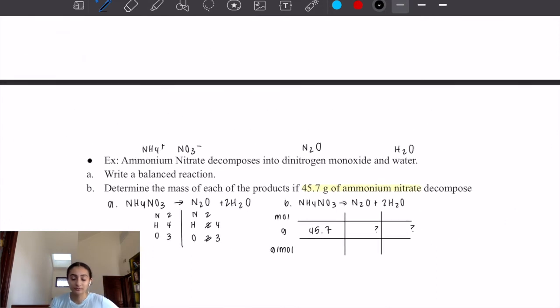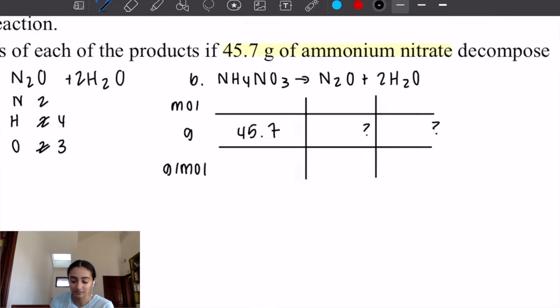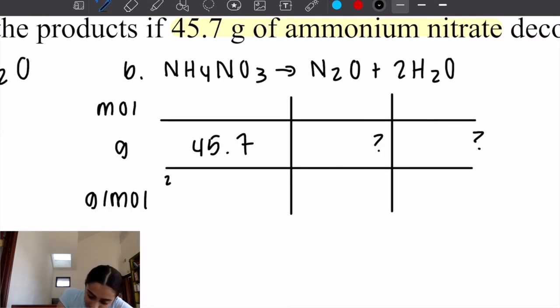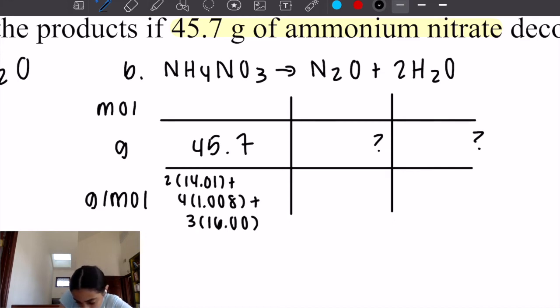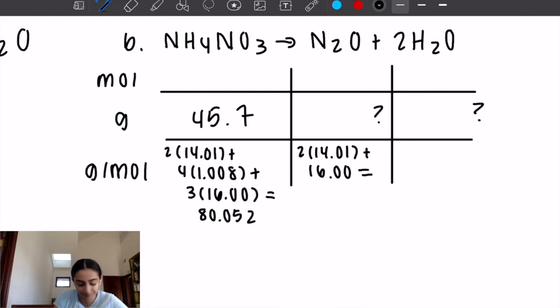And now we are going to move on to our next step of calculating the molar mass of each chemical. Let's start with NH4NO3. So I have 2 times 14.01 plus 4 times 1.008 plus 3 times 16. That equals 80.052. For N2O, I have 2 times 14.01 plus 16 equals 44.02.